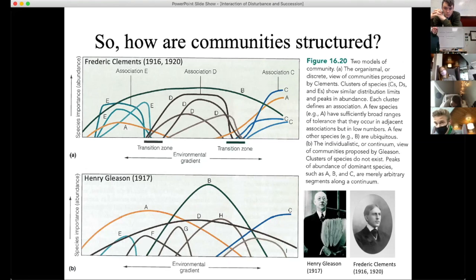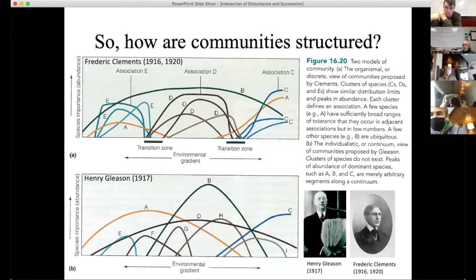As it turns out, and Dr. Judd can agree or disagree, I think in the end, what most ecologists have reached the conclusion is that Gleason was much more correct in his ideas than Clements was, that you get these community structures because you get communities of organisms that are all responding in similar ways to a particular environmental gradient, but they're all responding to that environment according to their own species needs.